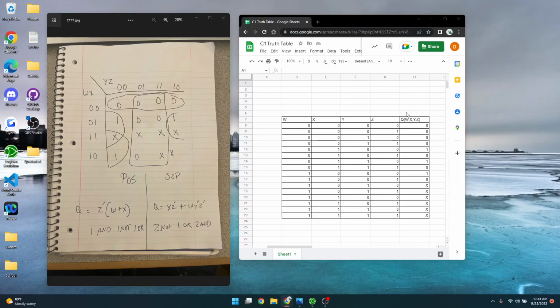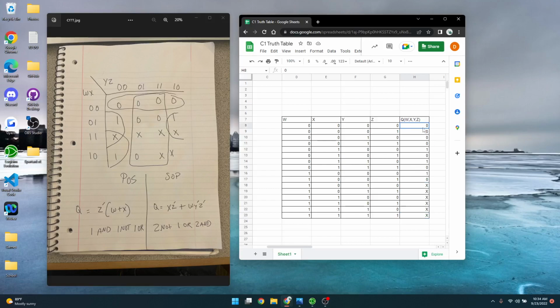So we take our 4 inputs, which I just arbitrarily named W, X, Y, Z, as you can see in this truth table here. This is going to be our output, Q. Because we need four binary inputs, we need to include all of the possible decimal numbers that can be created with 4 binary inputs, and that goes all the way up to 15.